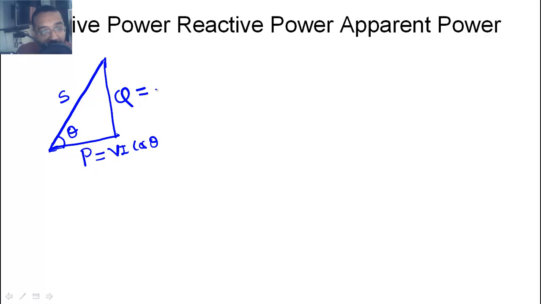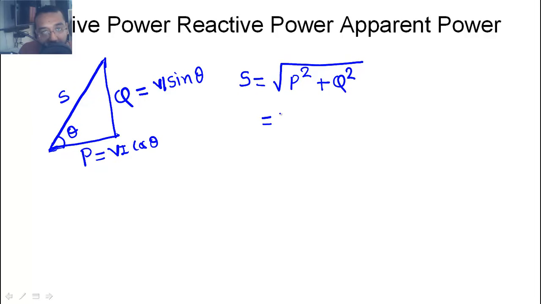The formula of reactive power is VI sin theta. The apparent power S is the square root of active power square plus reactive power square. So when you put the values of active power as well as reactive power here, you will get the value of S, that is your apparent power.